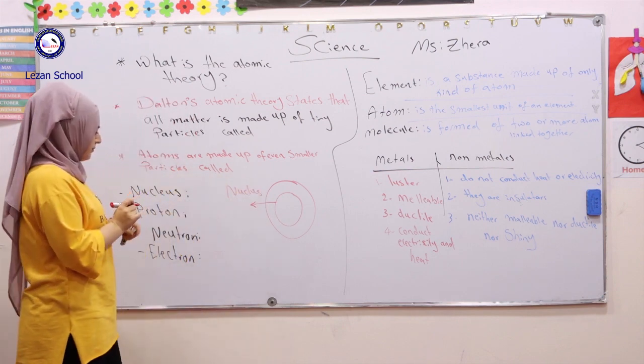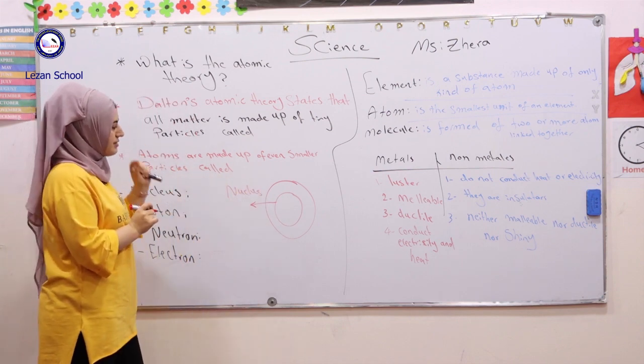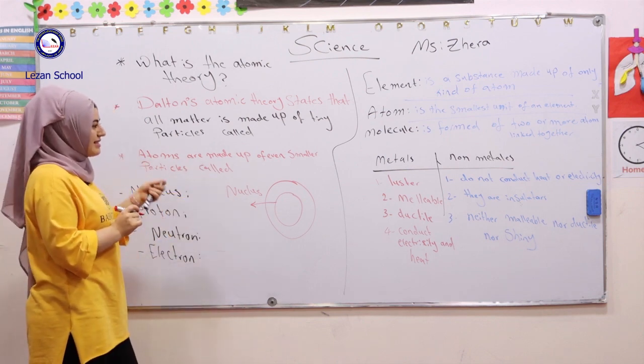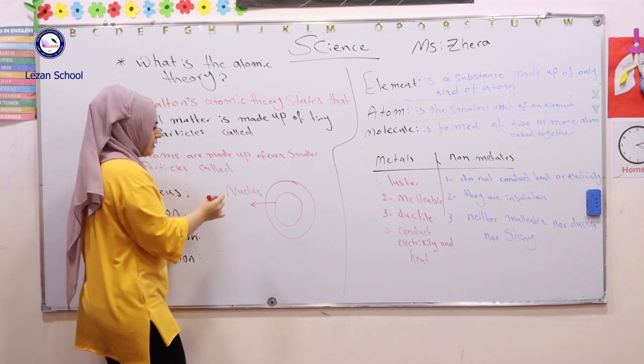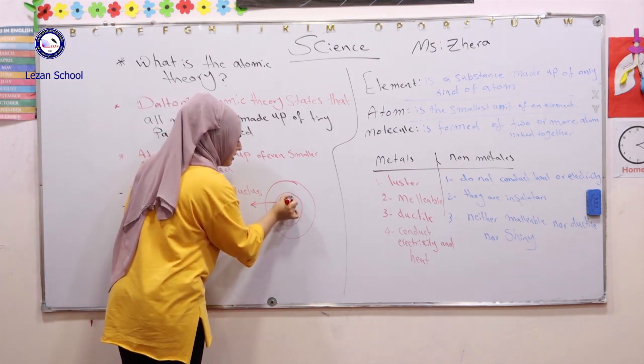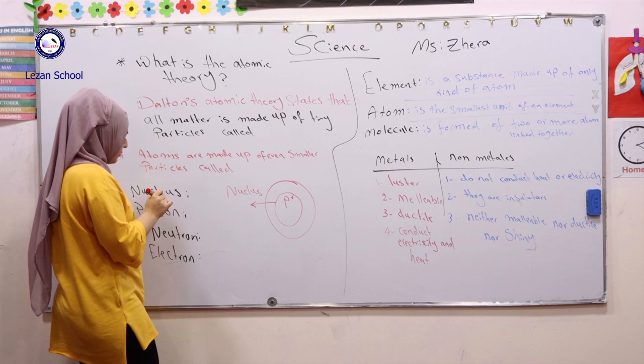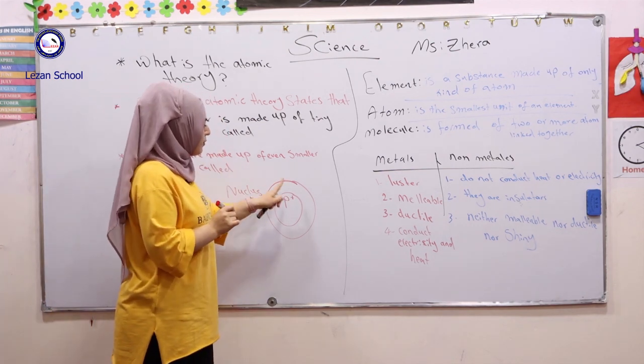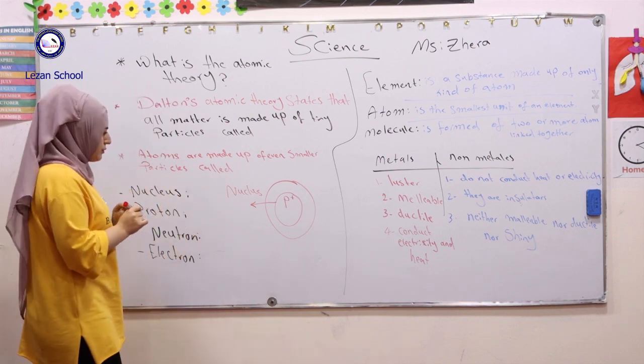After that, we have a proton. The nucleus is a tiny center particle of the atom. What is the proton? It's a subatomic particle inside the nucleus with a positive charge. We have a neutron.